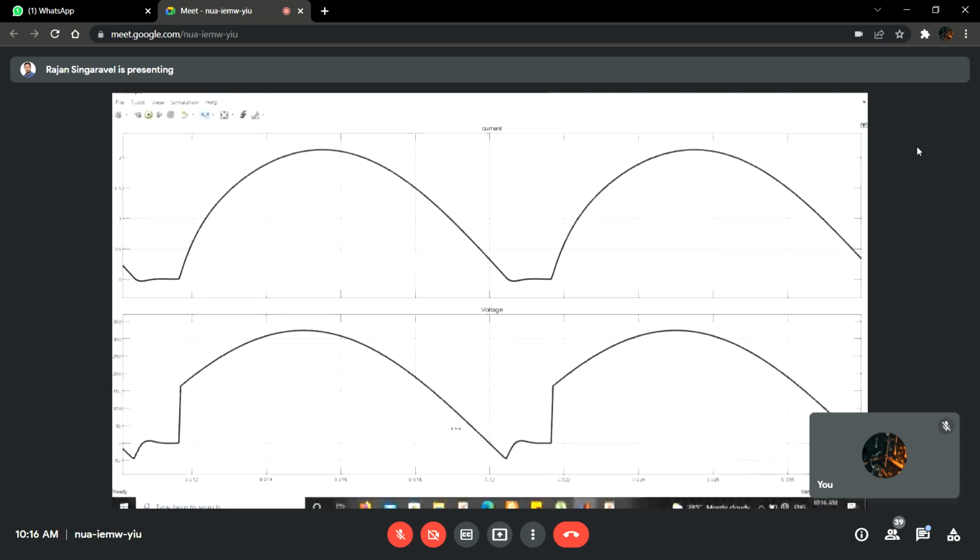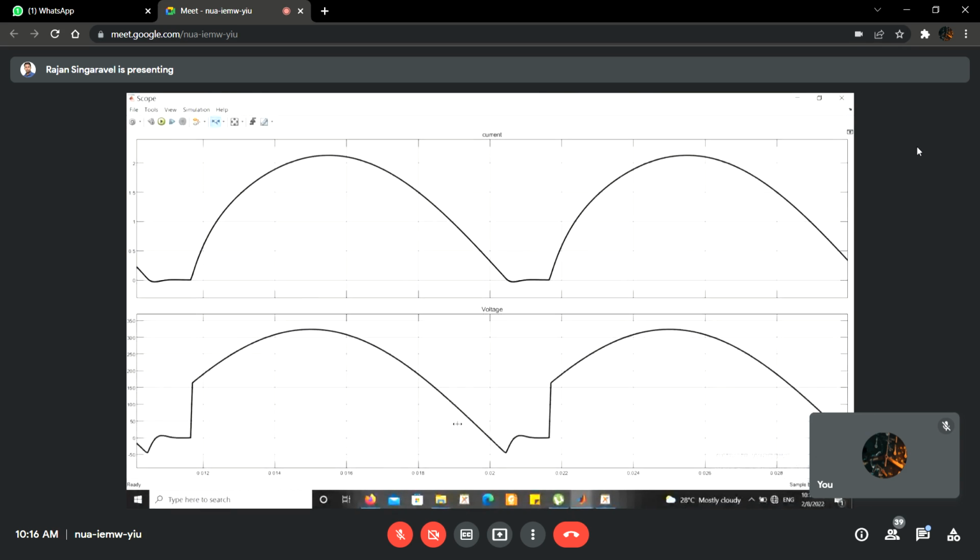Load angle is equal to tan inverse of omega L by R. If you calculate tan inverse of omega L by R for this particular combination of R and L values, you will get the duration for which the same set of thyristors will be in conduction beyond pi degrees, or the current will stay on the positive side beyond pi degrees in terms of angle. That is called the load angle.